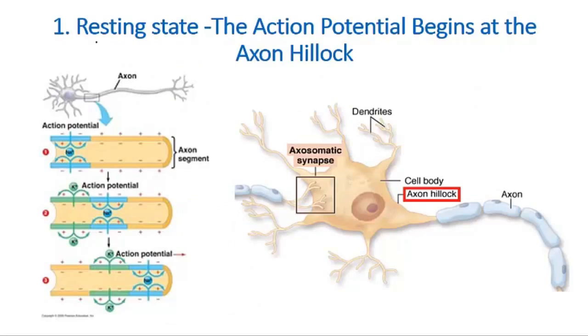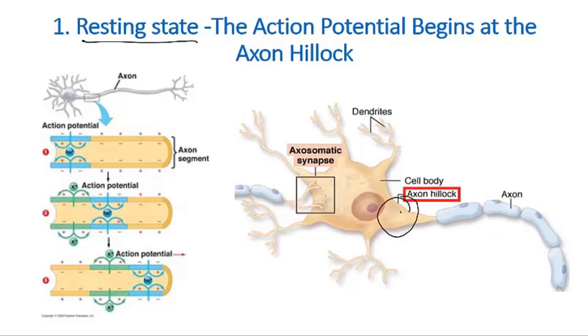Look at the first process and the first step, that is the resting state. The action potential begins at the axon hillock. I told you earlier the axon hillock is the region where the axon interacts with the cell body. That's the junction of the cell body with the axon.